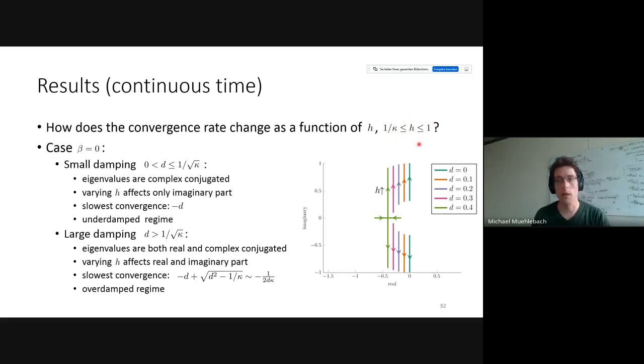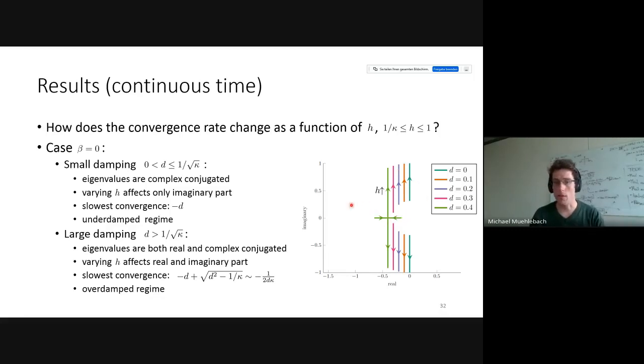So what we need to do is determine the worst case convergence rate, so the worst case real part of these eigenvalues. And we can distinguish several cases. We can set beta equals 0 first, and then analyze how this damping parameter affects the eigenvalues.